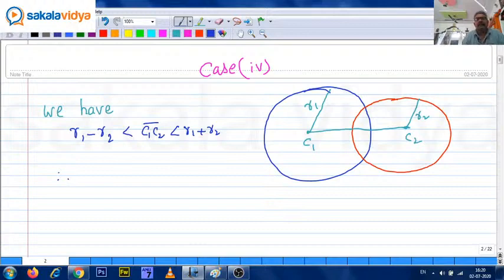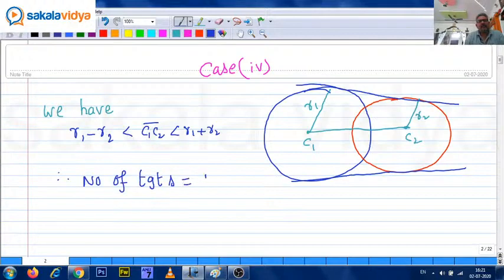Then see here, one direct common tangent, another direct common tangent, no transverse common tangent. So the number of tangents that can be drawn is 2. Therefore the number of direct common tangents is 2. The number of transverse common tangents is 0. Understood now? This is case 4.